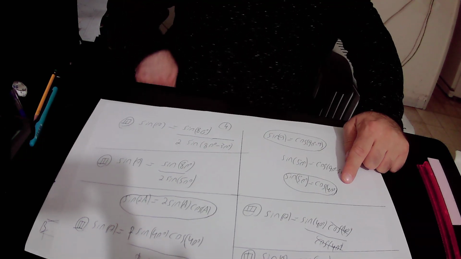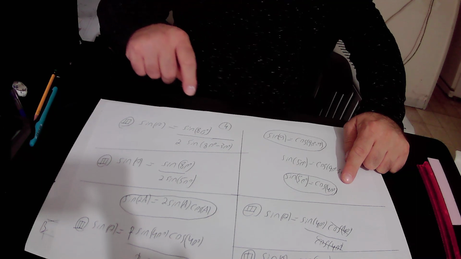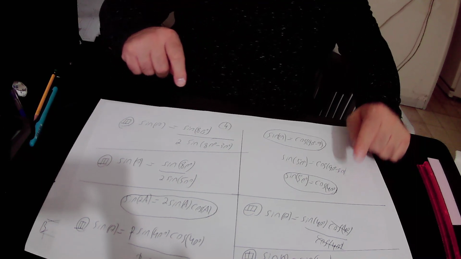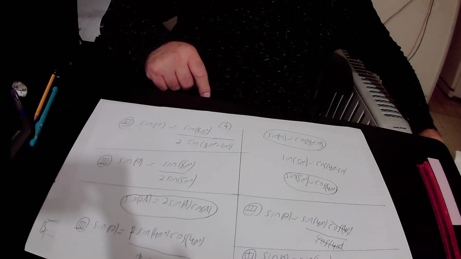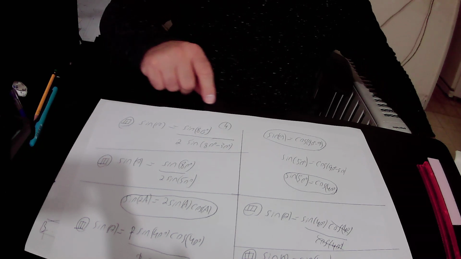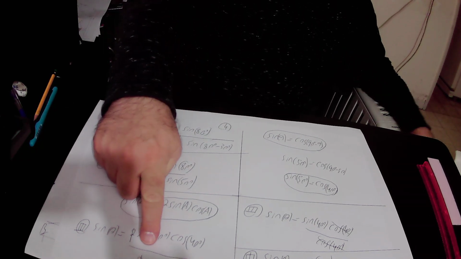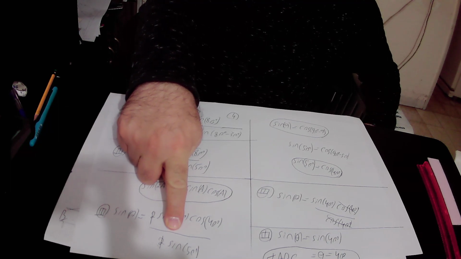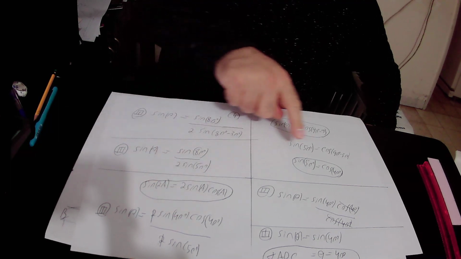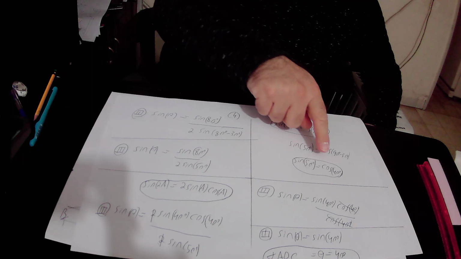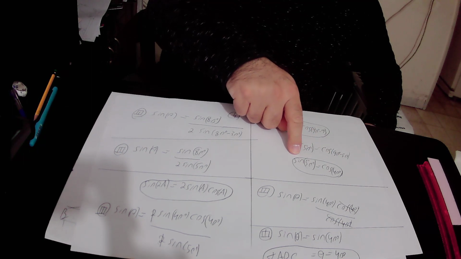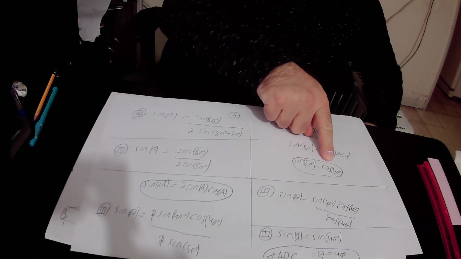So we can substitute sine 50 degrees that we have here by cosine 40 degrees.